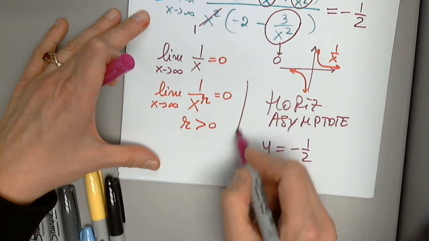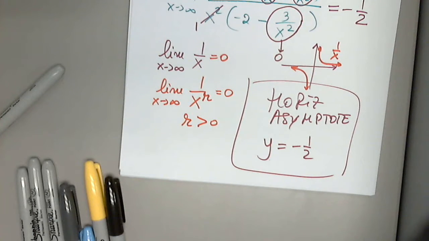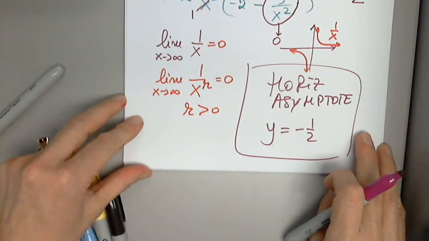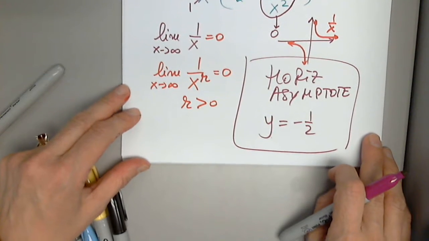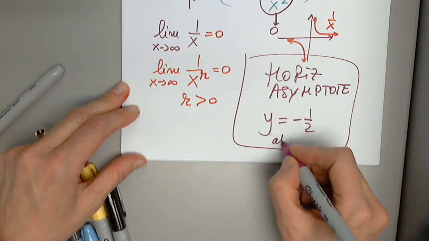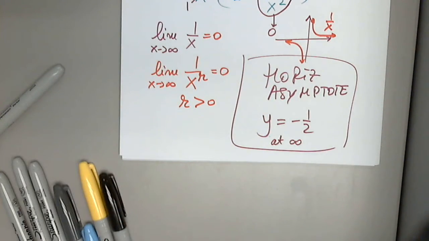Very good. Awesome. This function, the original function, has a horizontal asymptote, y equals negative 1/2. And now I have to be exact because I didn't check. Well, in this case, it's not going to make any difference. But you have to be exact and say at infinity. For rational functions, it's not going to be an issue. But for other functions, it will be.